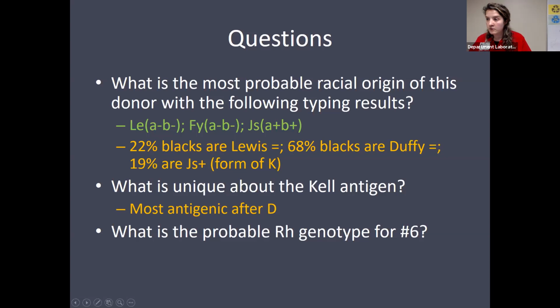Sarah had a question. Sarah asked if that's supposed to be JK.